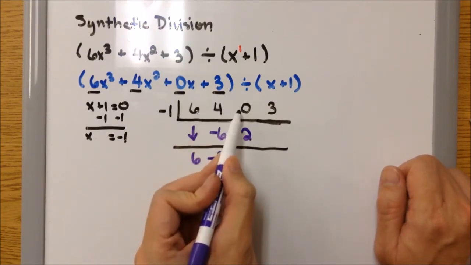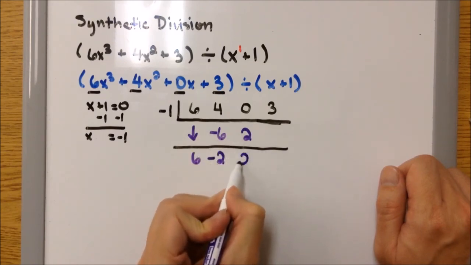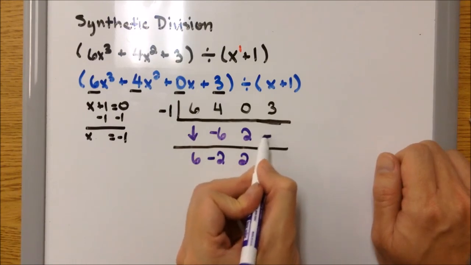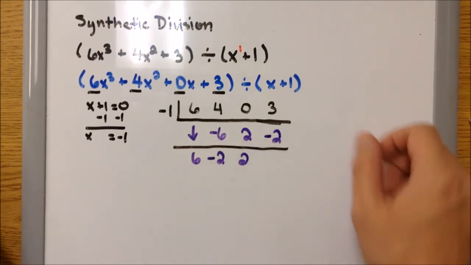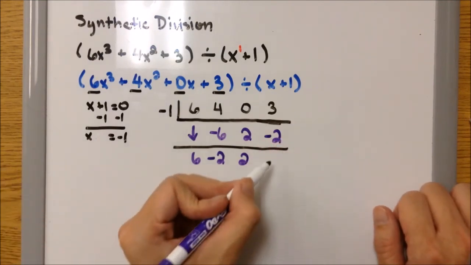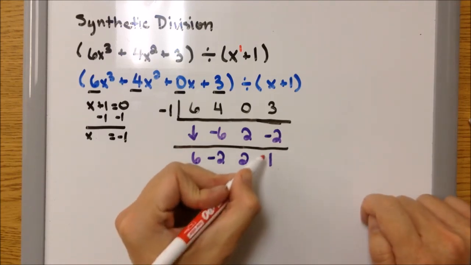So 0 plus 2, because it's positive, so 0 plus 2 is just 2. And then negative 1 times 2 will be negative 2. So 3 minus 2, that's just 1. So we are finished with dividing, and this is our remainder right here.